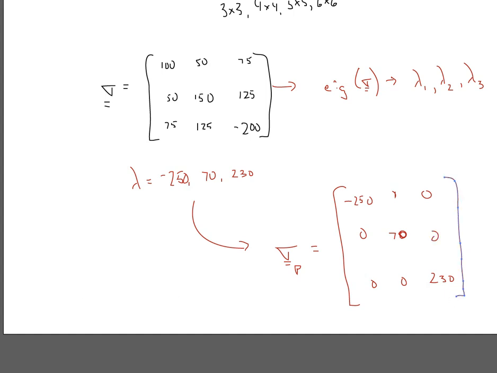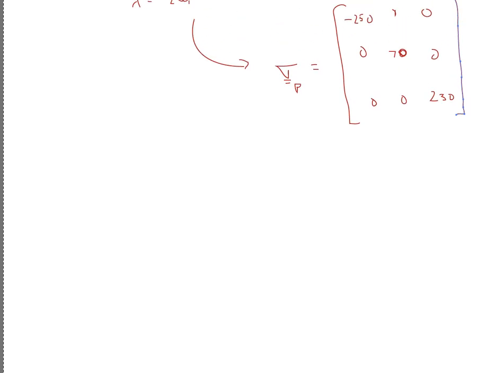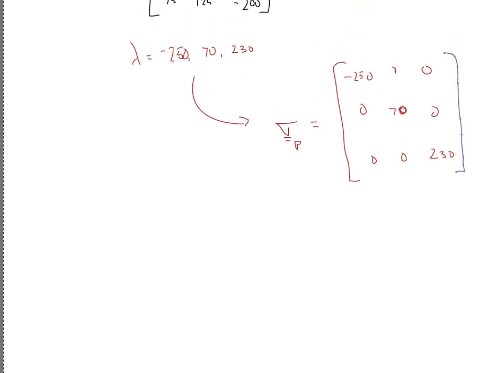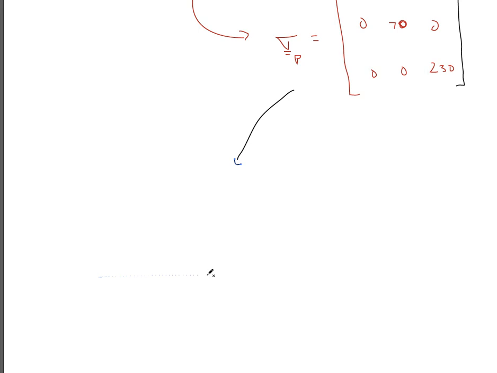Well, if I wanted to extend this down to Mohr's circle, some point down here at negative 250, some point here at 70, and some point here at 230, where there's no shear whatsoever occurring.